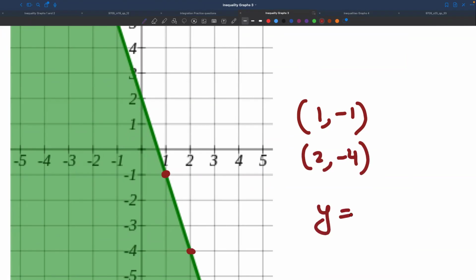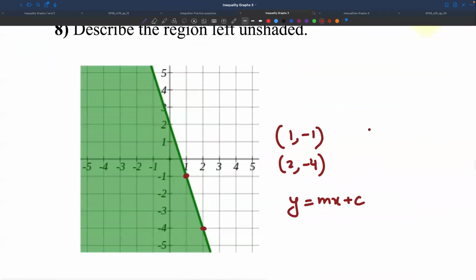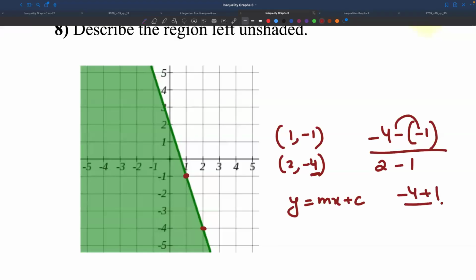Now the equation is given by y equals mx plus c. How do I find the gradient? y2 minus y1 divided by x2 minus x1. So this will become minus 4 plus 1, minus minus is plus, upon 1. So minus 3 upon 1 is minus 3. So you'll get minus 3x.